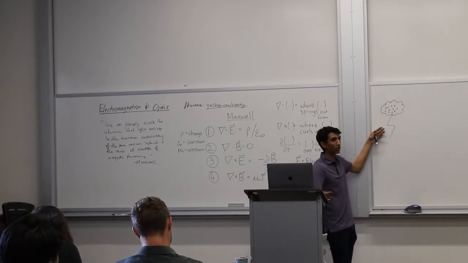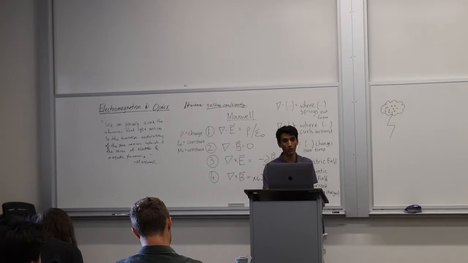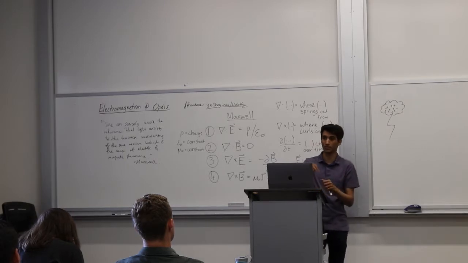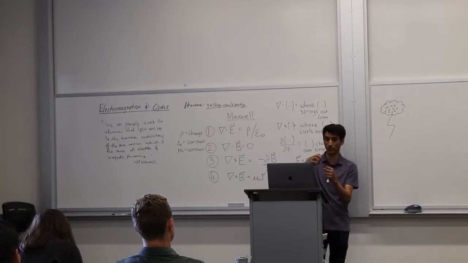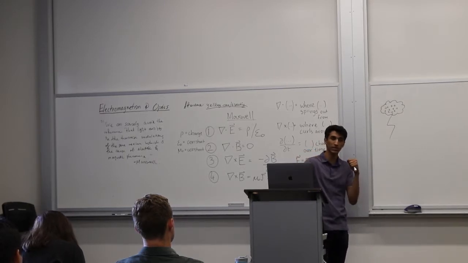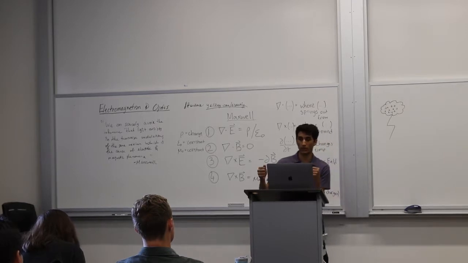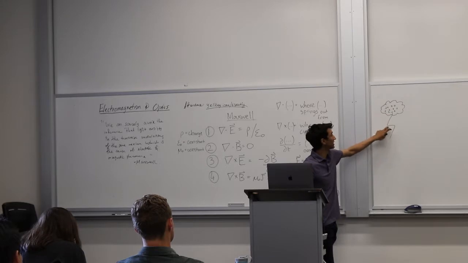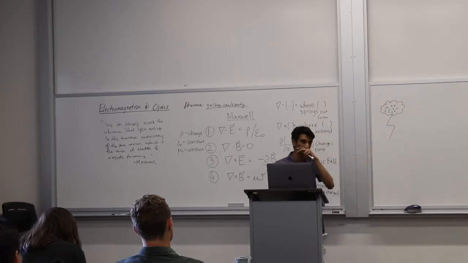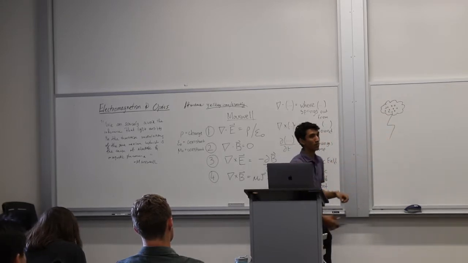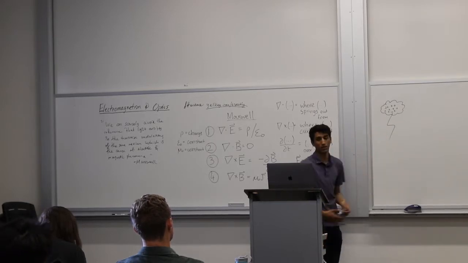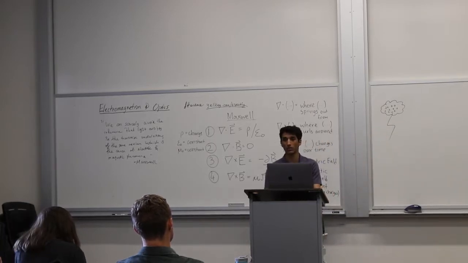And thunder occurs because that flow of charges is so violent that it ionizes the air. It forces the electrons out of the atoms, and in that process, it superheats the air to an extremely high temperature and pushes a sound wave from the lightning, and that creates the thunder.